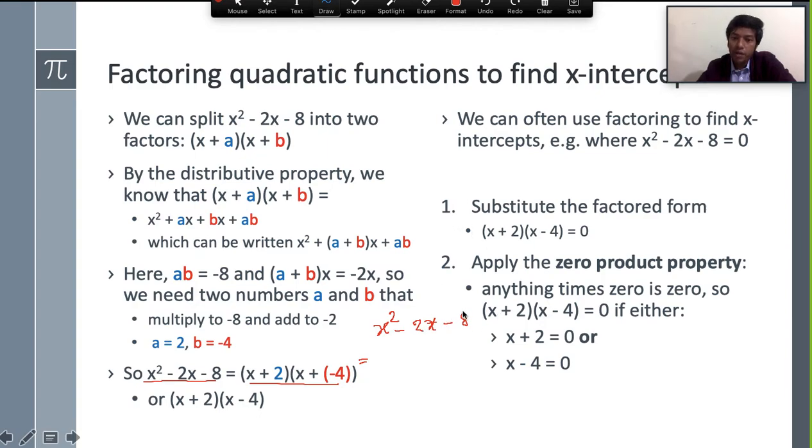So 8 we can divide into two parts, like 2 and 4. 2 into 4 equals 8. Then 4 minus 2 equals 2. So to get this minus 2, we will have to give a minus with the 4 and plus with the 2. Then we will get a minus 2. And then this plus sign and minus sign, we'll have to make it minus.